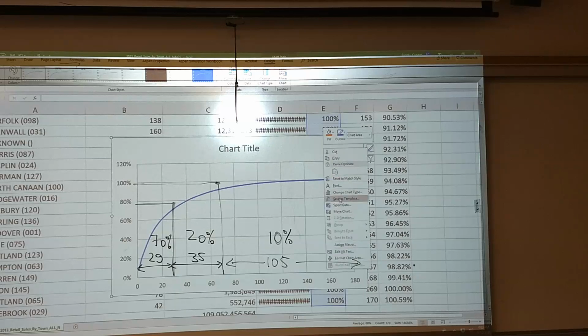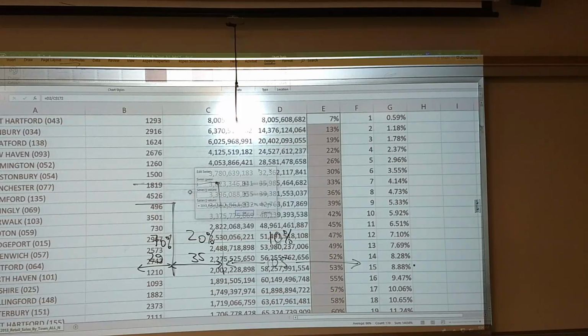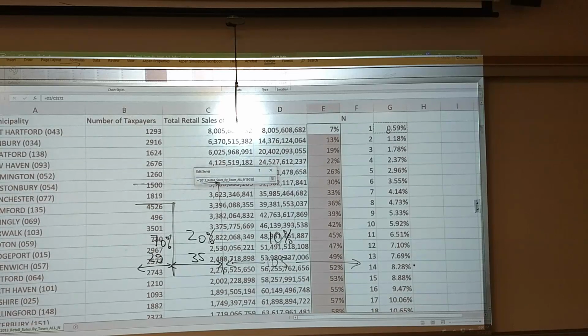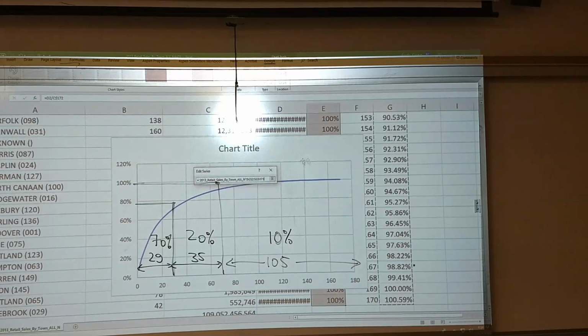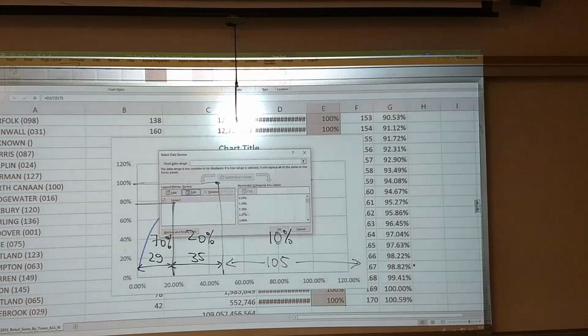So select data, okay? And then series edit. The X values will be these percentages. Okay. All right.